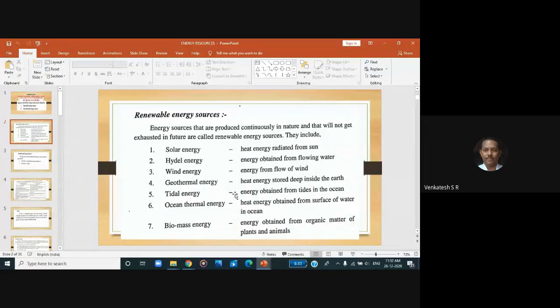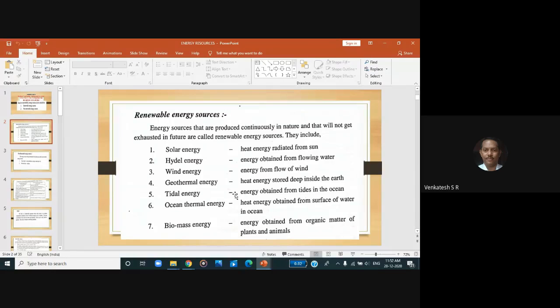Next line, number two, tidal energy: energy obtained from flowing water.